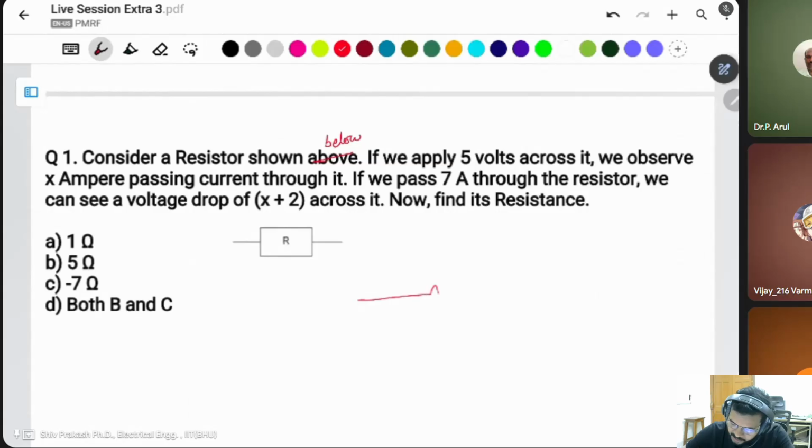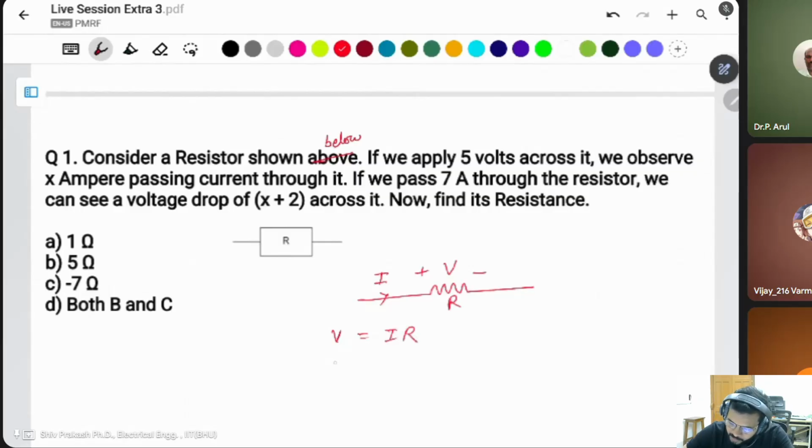This is the resistance. This is the current passing through it. It will drop some voltage V, where V is equal to IR.